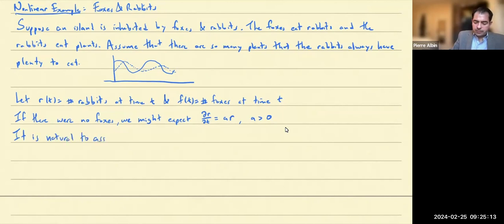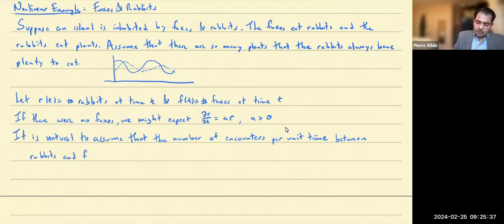It's natural to assume that the number of encounters per unit time between rabbits and foxes is proportional to the product of the number of rabbits and the number of foxes.